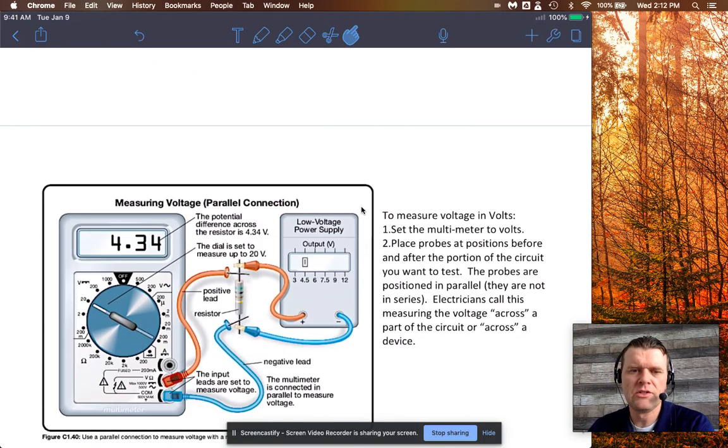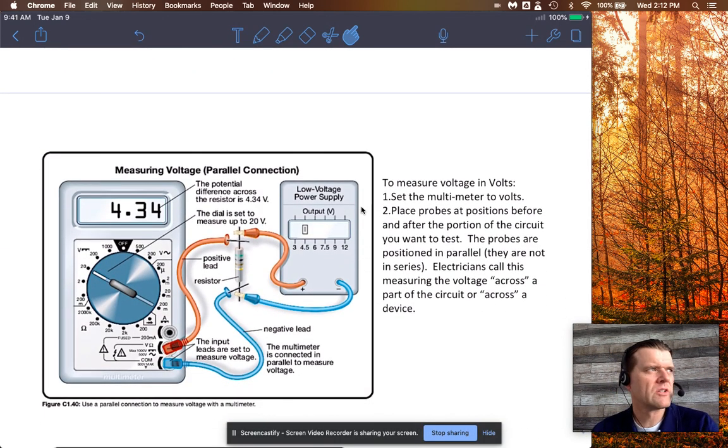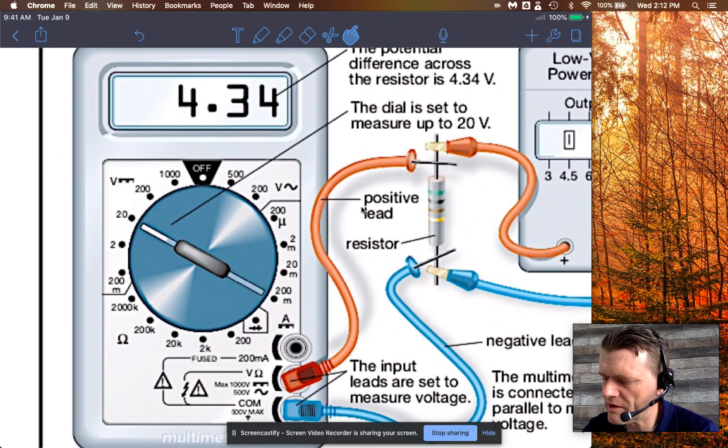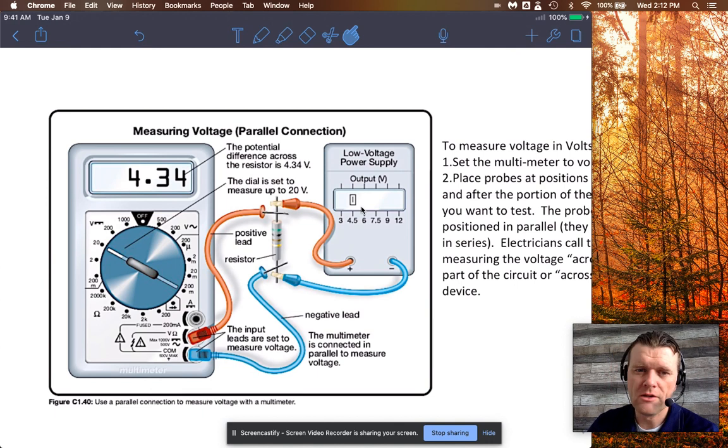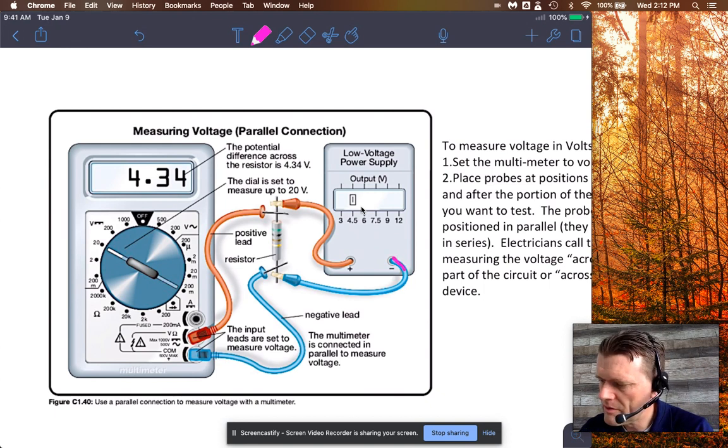Let's measure voltage. You switch the multimeter to volts. So here, this one's set to DC volts. If you can see that, that little white bar right here is pointing at the voltage. You still have the power source hooked up, but here we don't need to make the current flow through the multimeter, because the current is just flowing through the resistor like this.